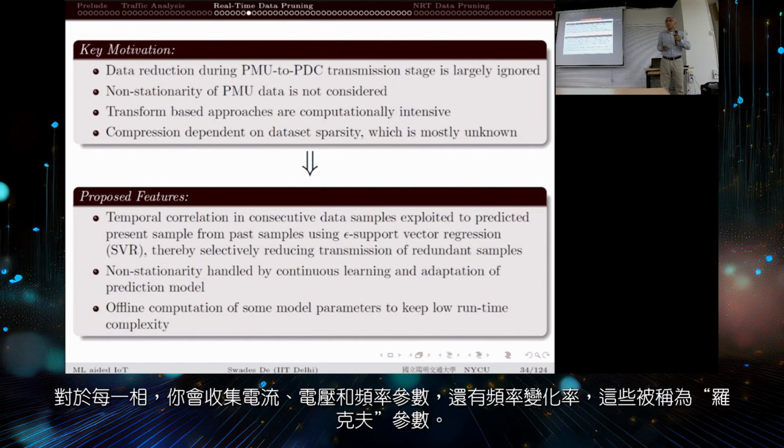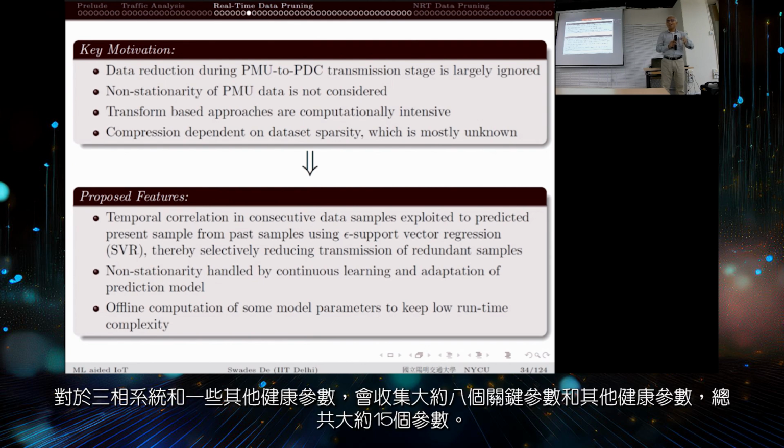If we are talking about a generalized power system, these are three-phase systems. For each phase you are collecting current, voltage, the frequency parameter, and the rate of change of frequency, which is another parameter called ROCOF, and likewise for three phases, plus some other health parameters.